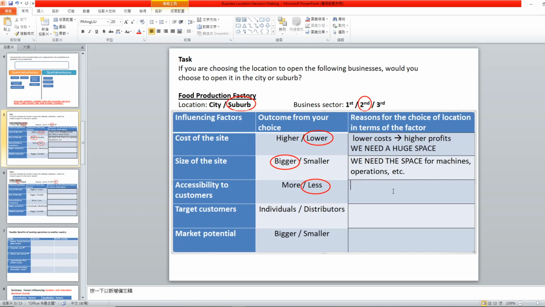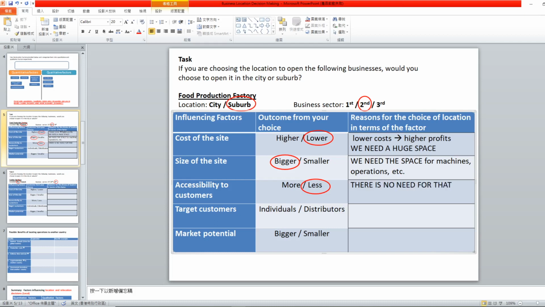It's not important, because if you have better accessibility, it will be more expensive, right? So there's no need for that.